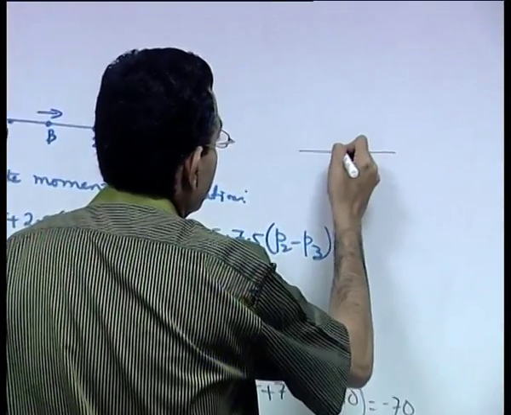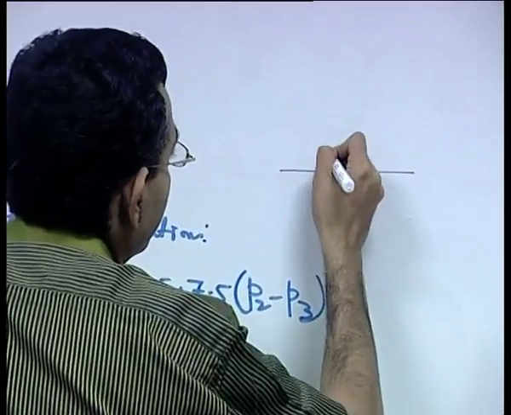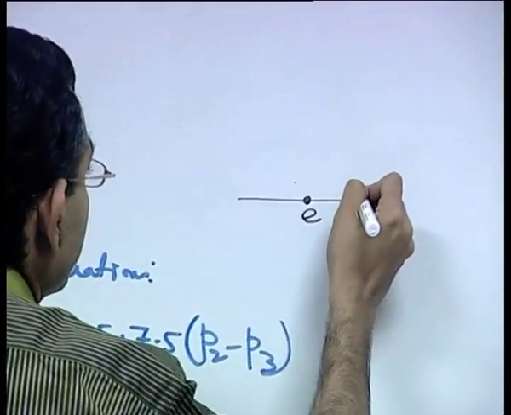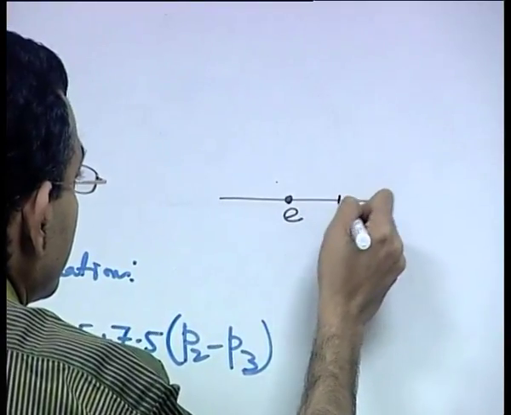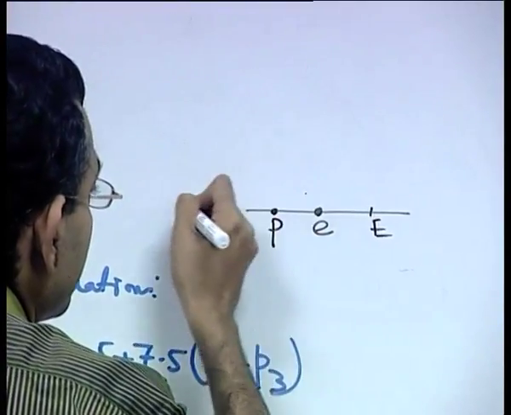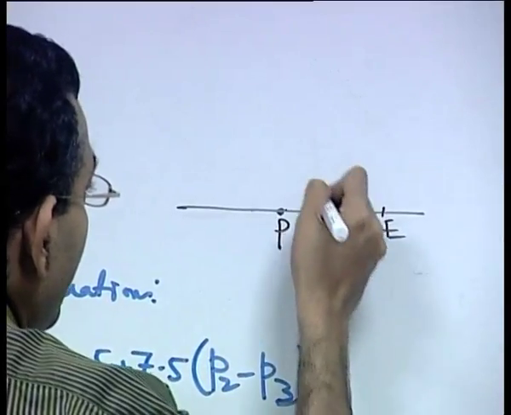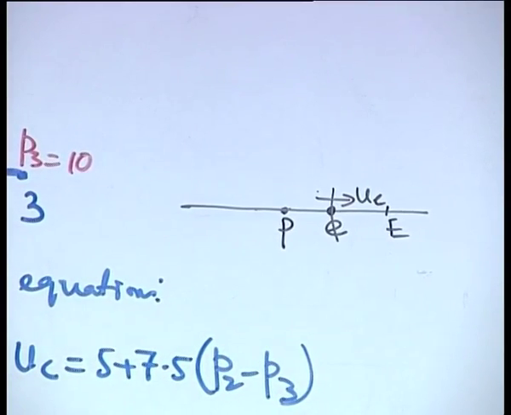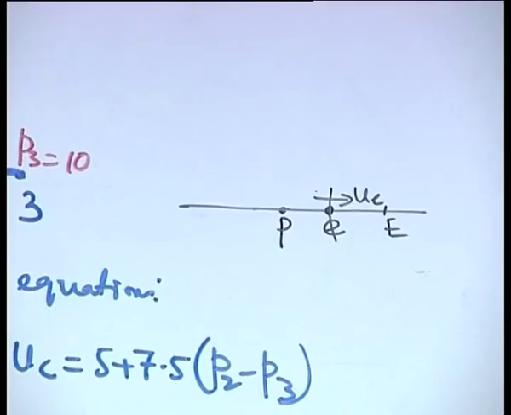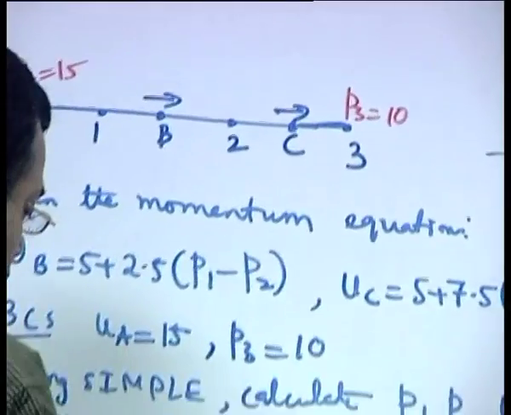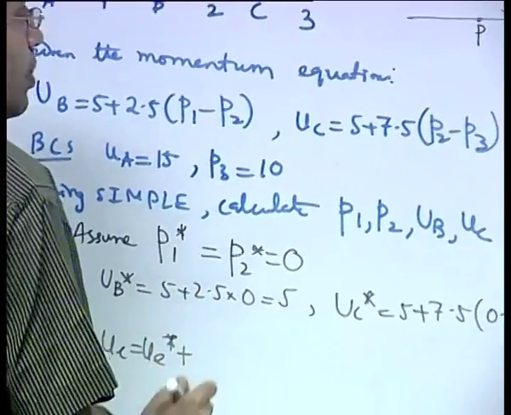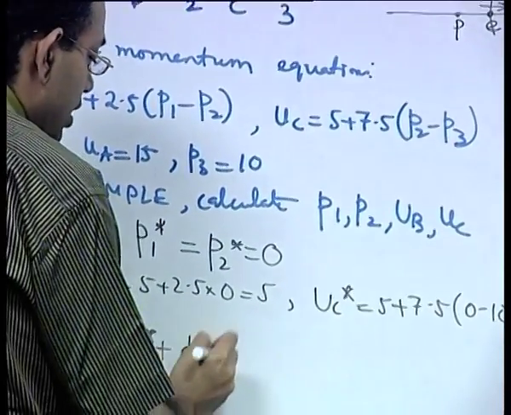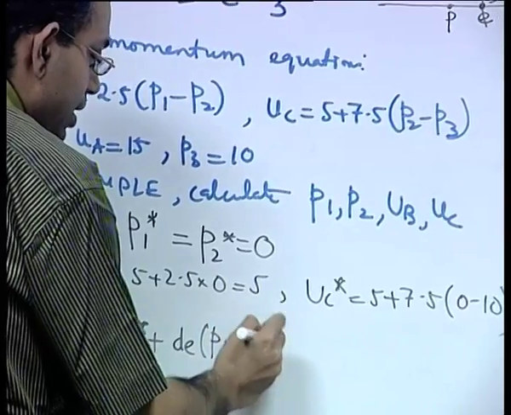So, if you consider grid point E, where you have the velocity UE, you have UE is equal to UE star plus DE into PP dash minus PE dash.